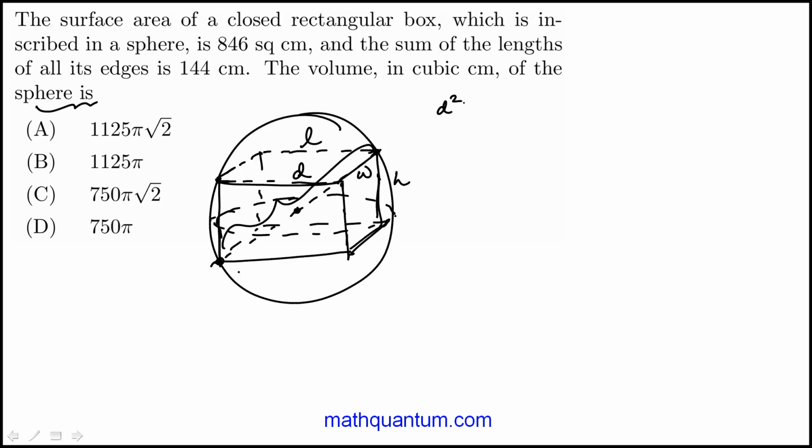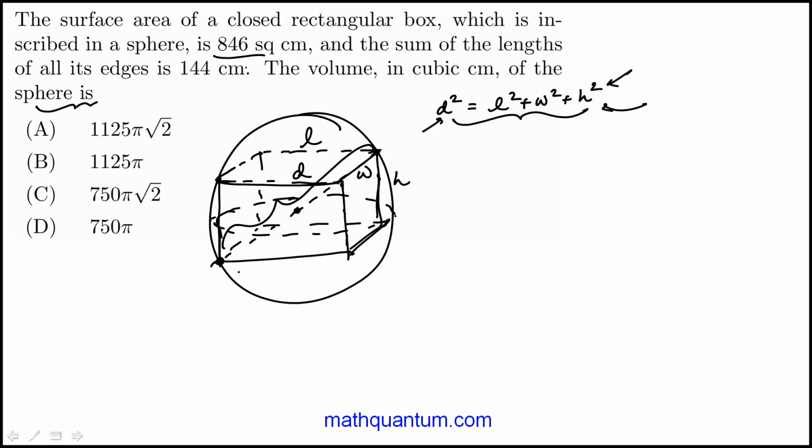And if we apply the Pythagorean theorem, and some of you might already know this result, this is the length of a diagonal, the longest length inside a 3-dimensional rectangular box. And this is how it's related. I'm not going to go over how this comes about, but this is an important result that you should already know. So that's the first relationship.